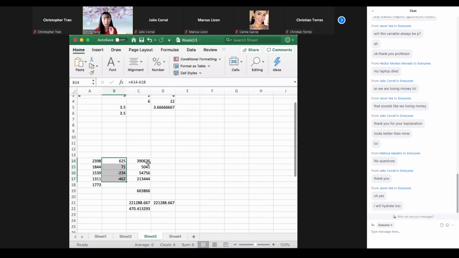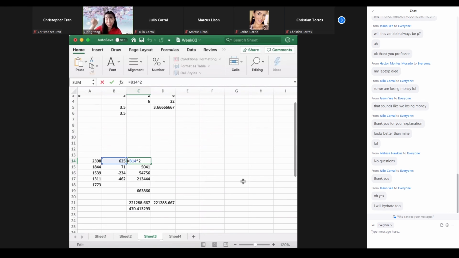Then remember the next step. The next step is to square the deviation. So in Excel, when you square, you do equals, select the cell that you want to square, and then hold Shift and 6.